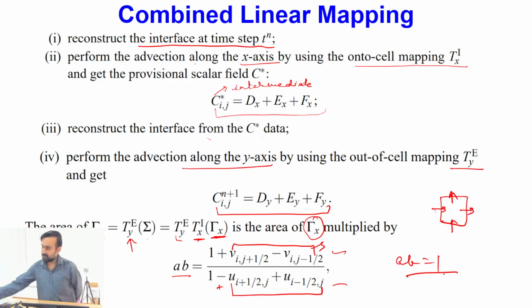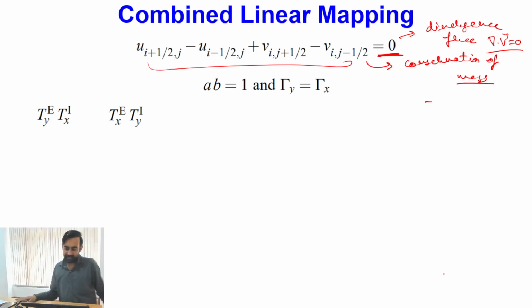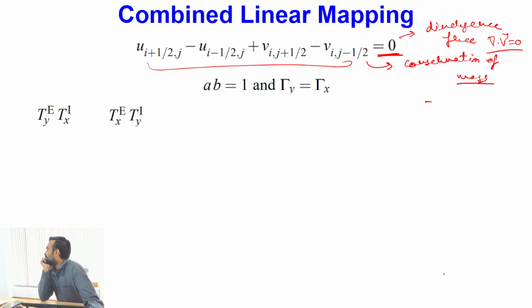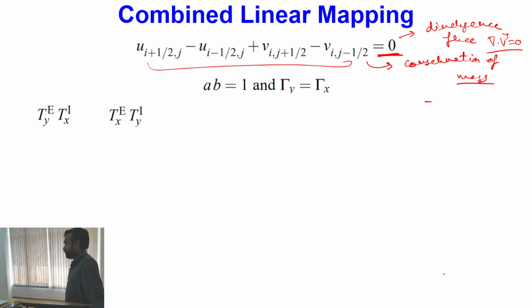So in this scenario, two-dimensional case, if I use the combined linear mapping, then we are finding that divergence free, and if we apply the divergence free velocity condition which is mandatory for the incompressible flow, then my conservation of mass will be established.